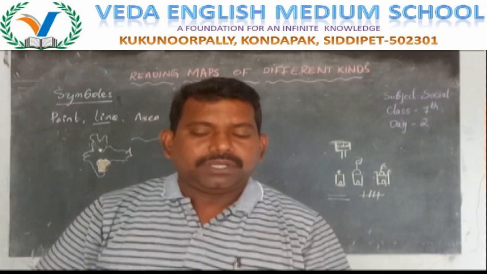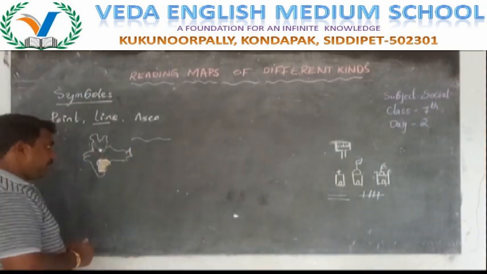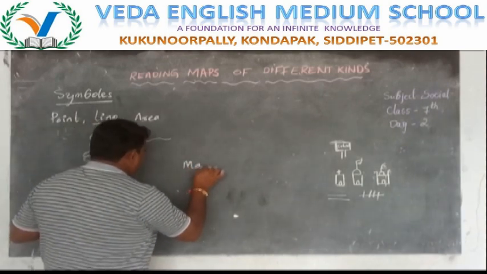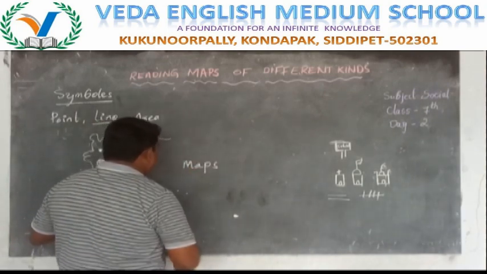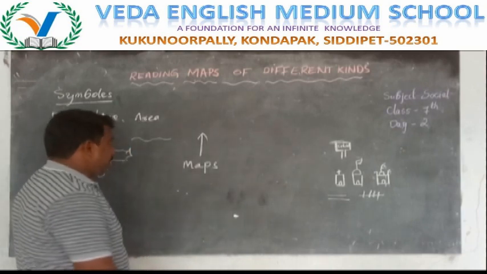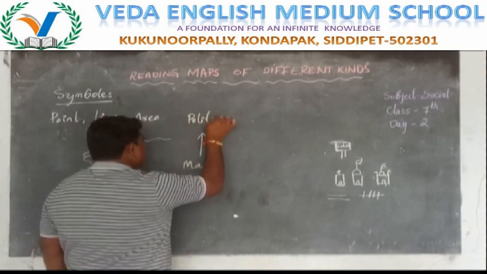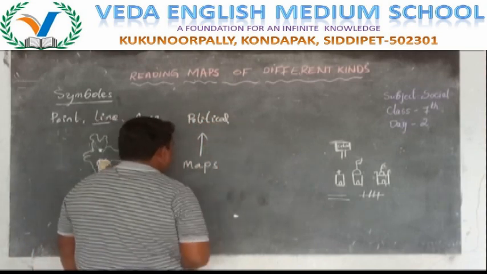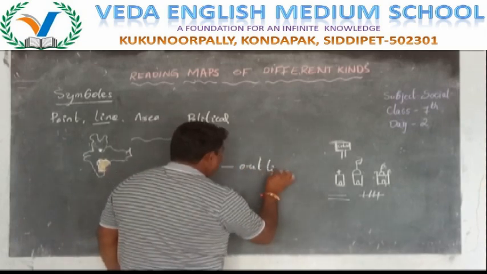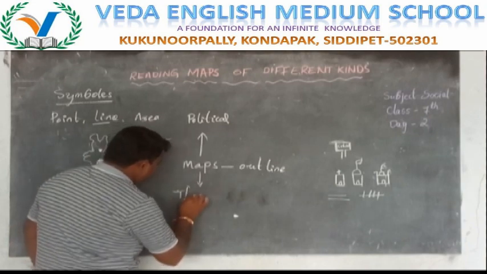Understand, children? In the previous class, you learned different kinds of maps. What are the maps you learned? Yes. First one is political map. Second one is outline map. Then third one is thematic map.